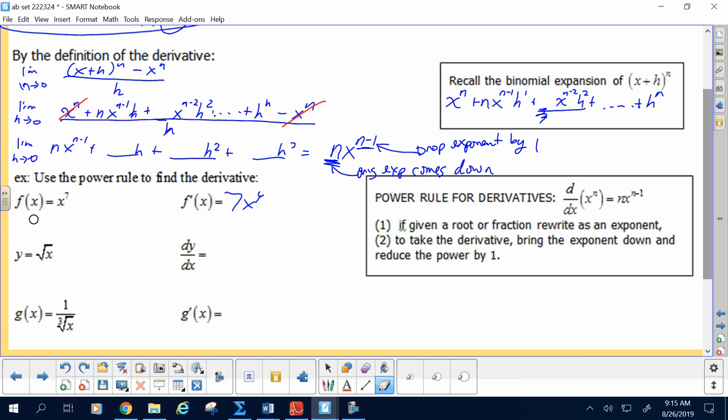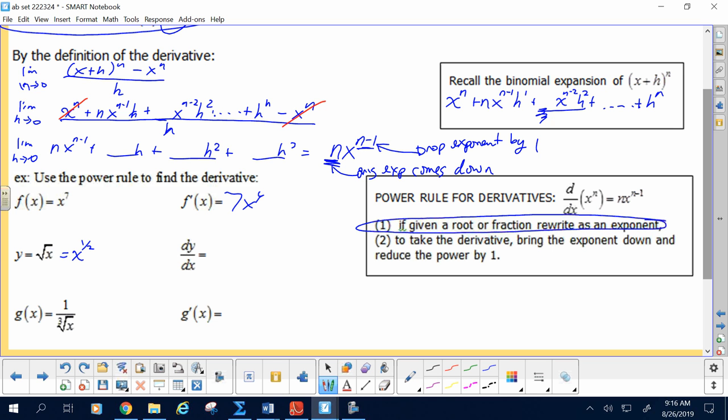Now, the cool thing is that the power rule works even on roots. I would strongly recommend that if you're given a root or a fraction as an exponent, take a rewrite step before the derivative. So if you rewrite this as an exponent, what's the square root the same as? Okay, now I didn't take the derivative. I just rewrote it algebra style. That was an algebra step there.